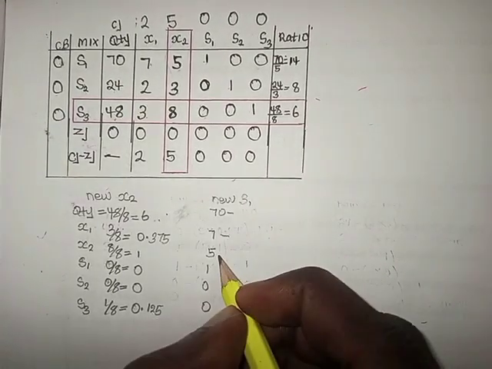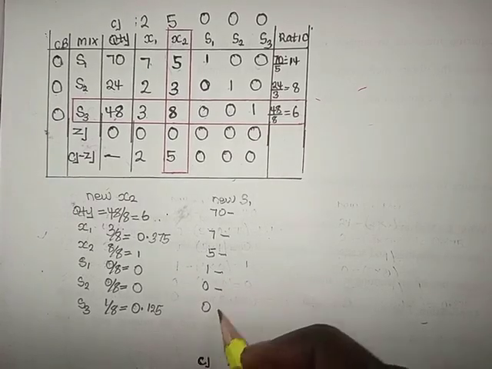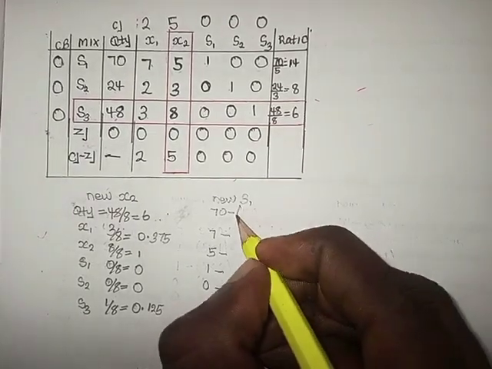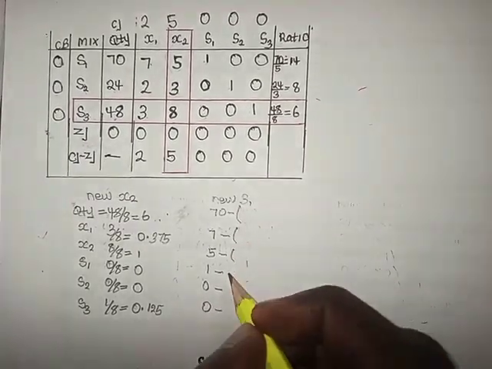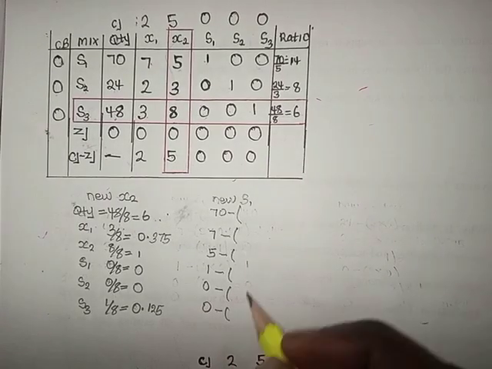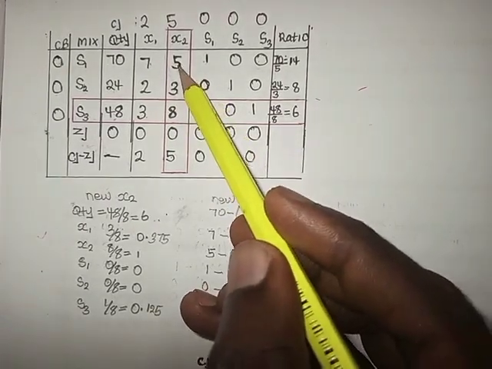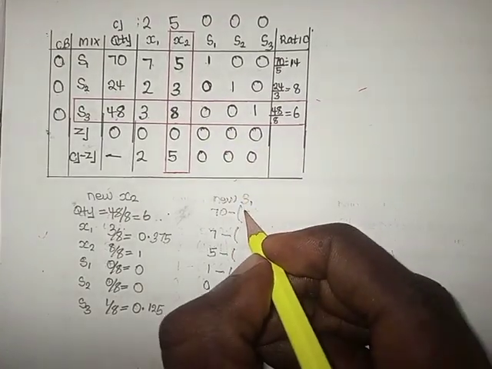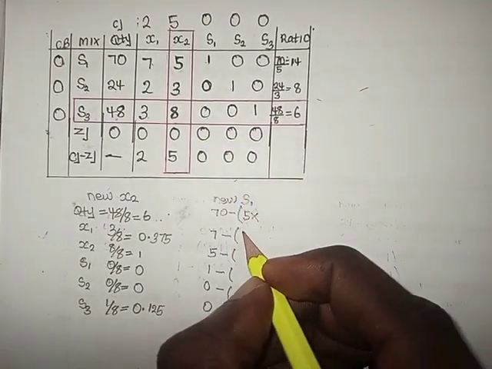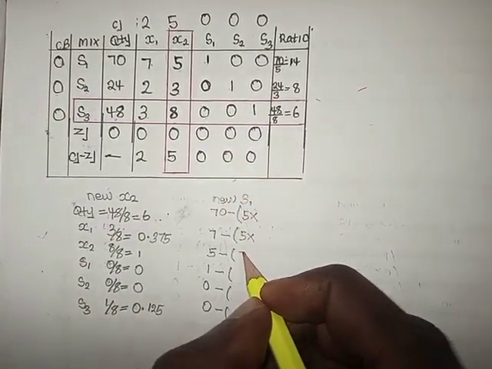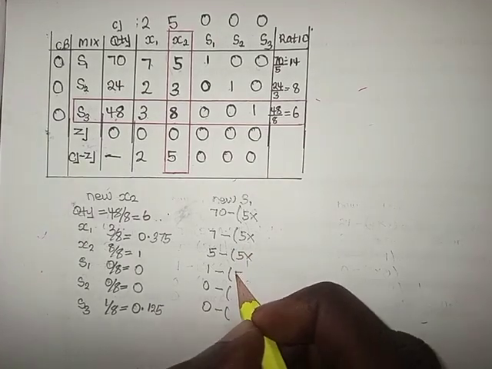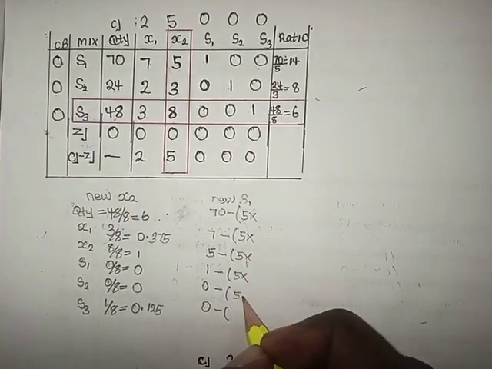We want to solve for the new values of each. So you're going to open the bracket and say 70 minus the key element, which is 5, multiplied by, because that is the key element for that particular rule.